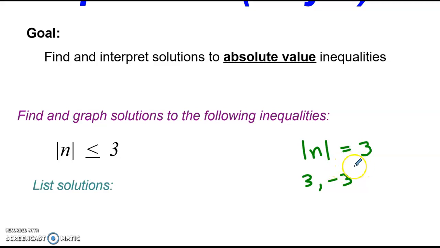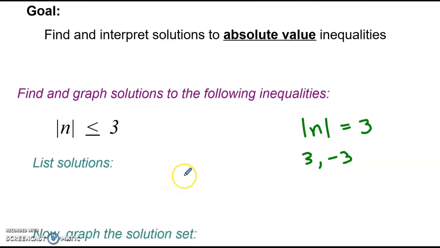Now, when it comes to absolute values, we can think about inequalities in a similar way. This is saying that the absolute value of n is now less than or equal to 3. So let's think of what some solutions could be. Well, 3 is a solution, right? Positive 3 works, positive 2 works, positive 1 works, and 0 works.